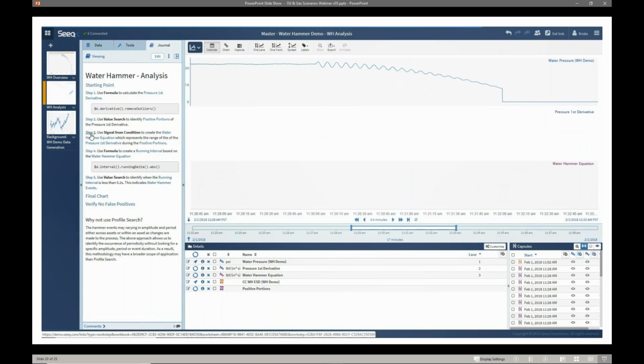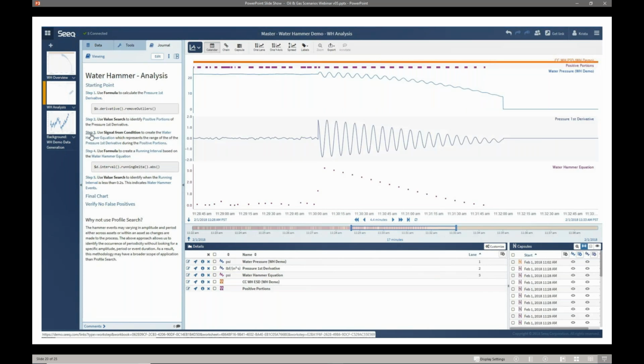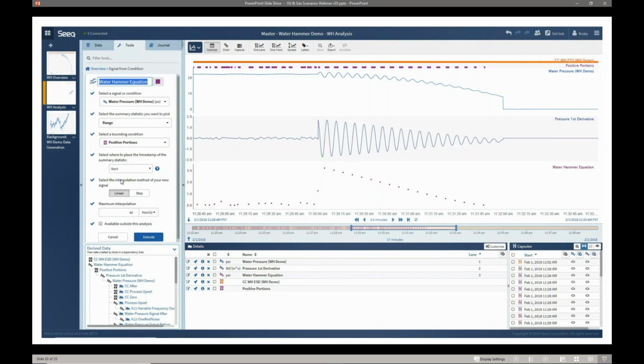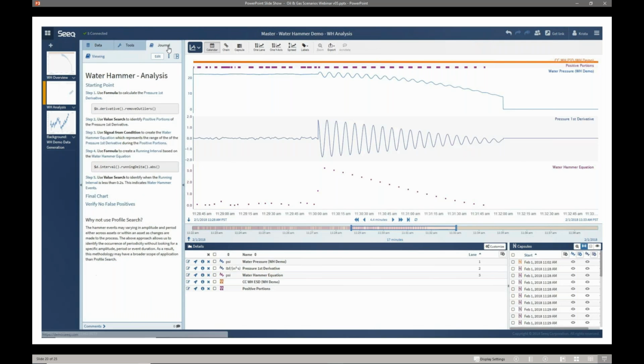Our next step is to create what I call the water hammer equation. This equation is going to be created from signal from condition, and we're going to look at our water pressure and look at the range over which it changes during each of these positive portions. And then we're going to plot this point at the start of each one of those capsules that represent the positive portions. This allows us to do two things.